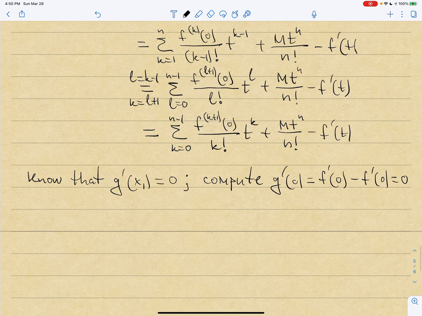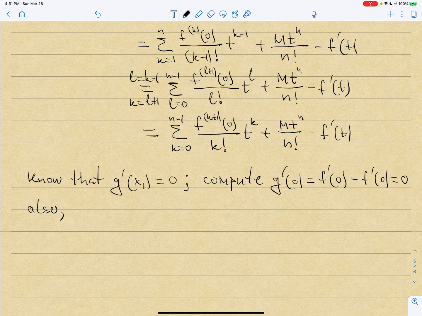Now, just like before, the function g prime, what do I know about its continuity and differentiability?